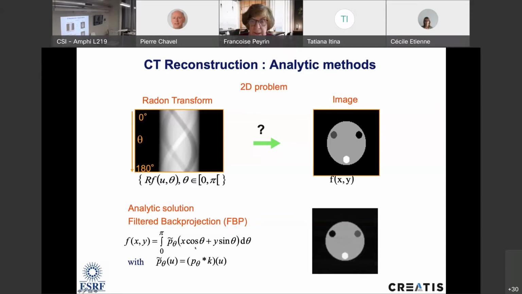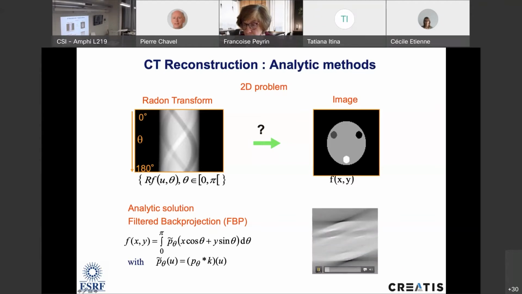This is the solution that was implemented in clinics, and that was used until maybe 10 years ago on all clinical CT, with some adaptation, of course. I want to show you that this method is sensitive to the projection angles that you have.